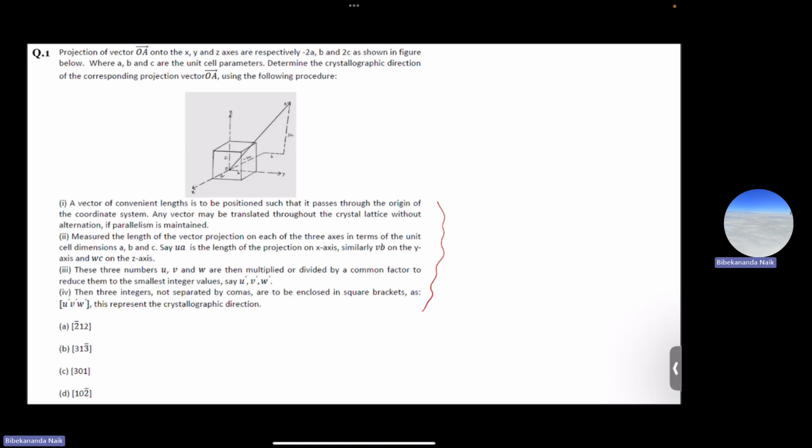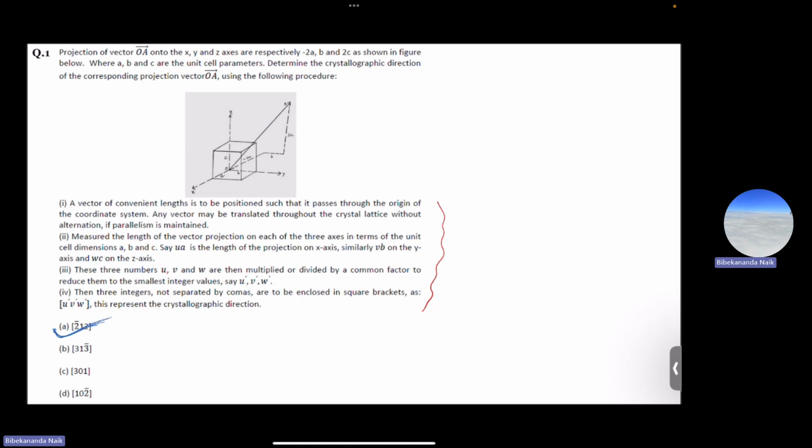Then these three integers are not separated by commas, so there will be no commas in between, and when they are enclosed in a square bracket, they represent the crystallographic direction. So the correct answer will be minus 2, 1, 2. Option A is the correct one.